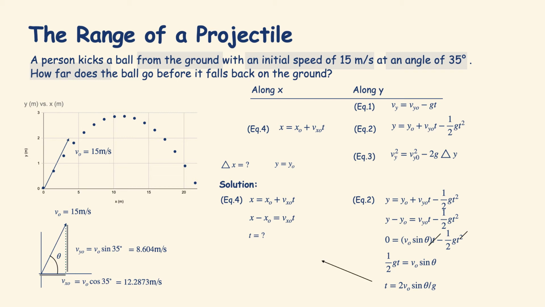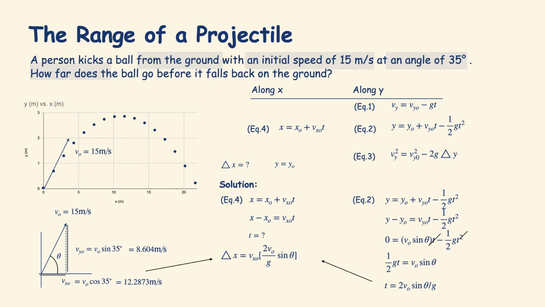With that, I can go back actually to equation 4. Remember, I got stuck there in my solution for the range or for the distance of the projectile. So I'll have the distance along the horizontal equal to vx naught multiplied by the time of flight. And I already know that the time of flight, I actually have an expression for it. It turns out that the time is 2 v naught over g times sine of theta.